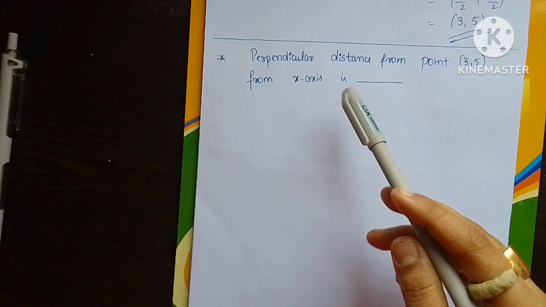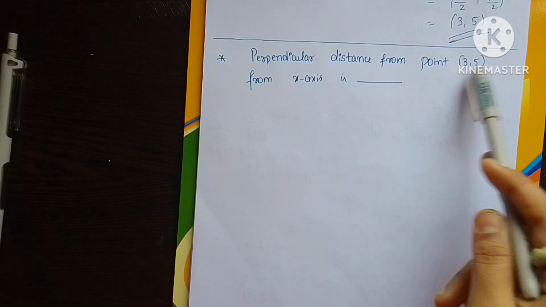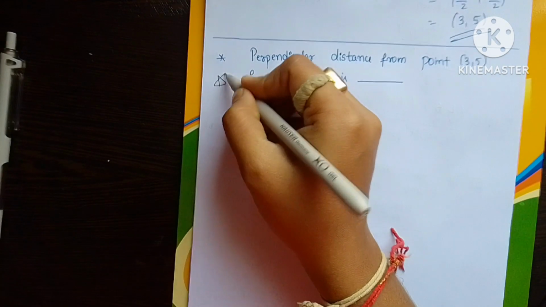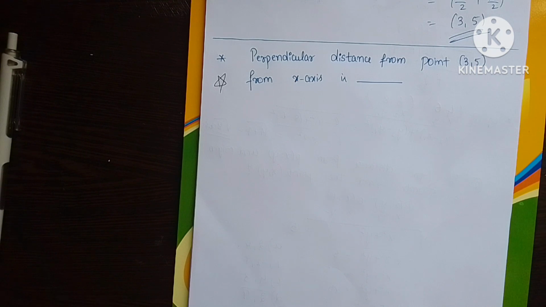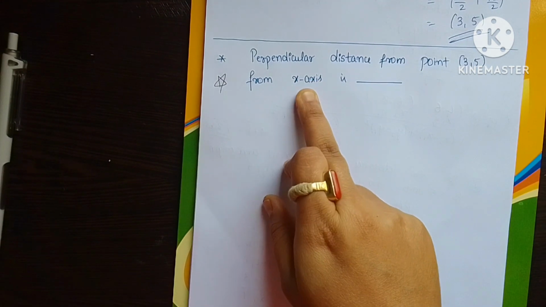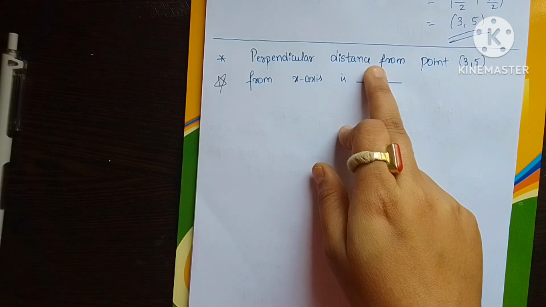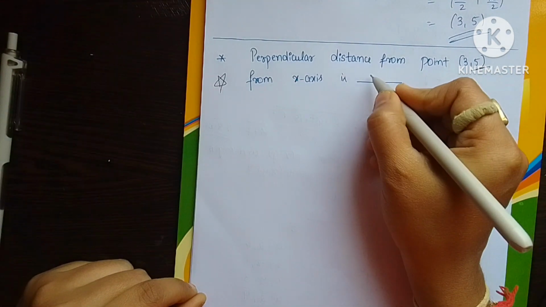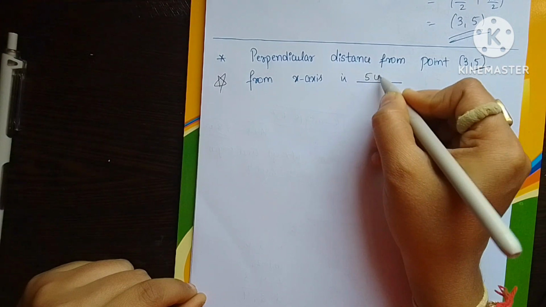So we have here the perpendicular distance from the point (3, 5) from the x axis. If they are asking the perpendicular distance from the x axis, we have to take the y coordinate. So here the answer is 5 units.